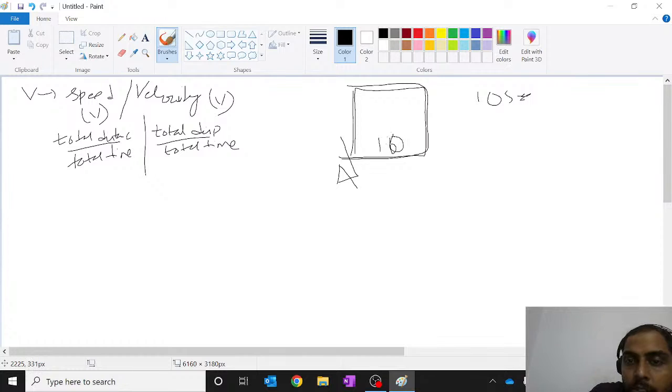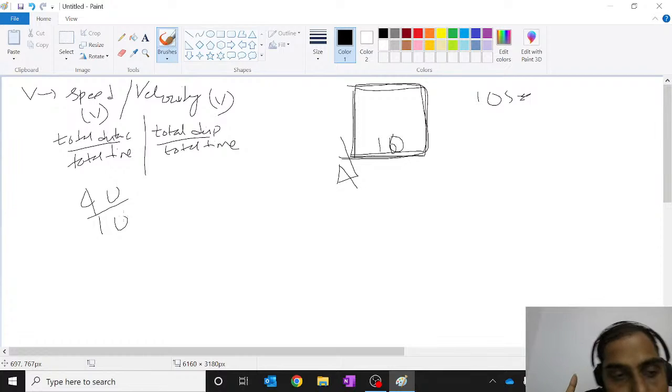Distance is nothing but total journey, 10 plus 10 plus 10 plus 10, which is 40. So your total distance is 40, total time is 10 seconds. Therefore your speed is 4 meters per second.